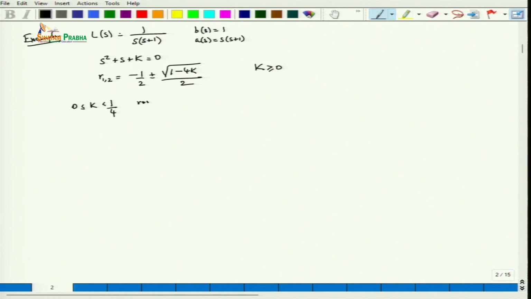The roots are real and lie between -1 and 0. The second case is when this particular discriminant part is equal to 0, that is k is equal to 1 by 4.